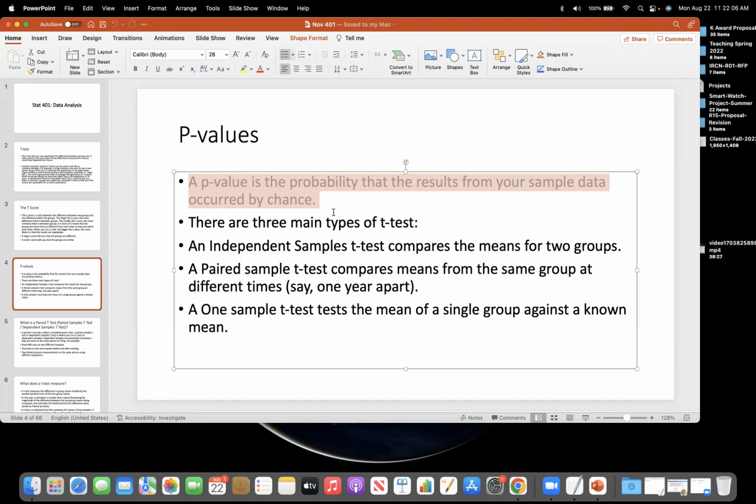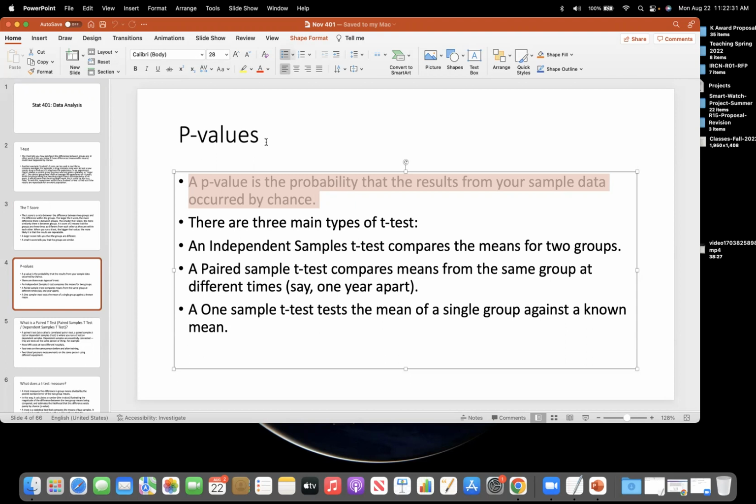So there's a reasoning why 0.05. If the p-value is less than 0.05, you say that there is a difference. But if the p-value is more than 0.05, you say that there is no difference and the occurrence is by chance. It's random.